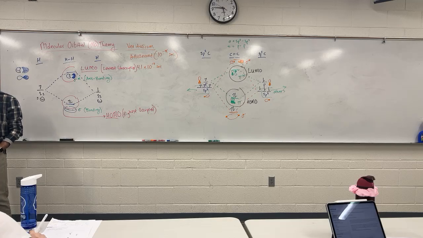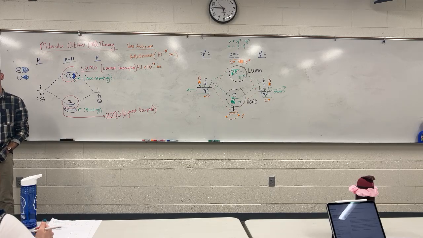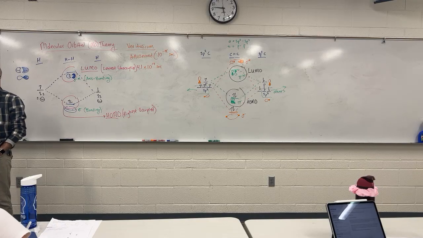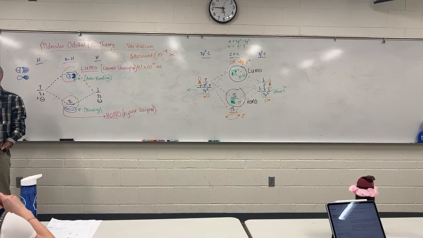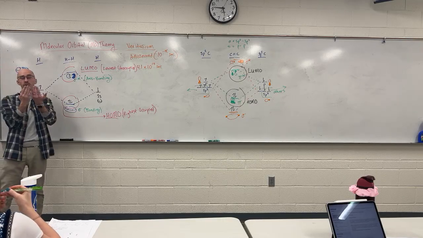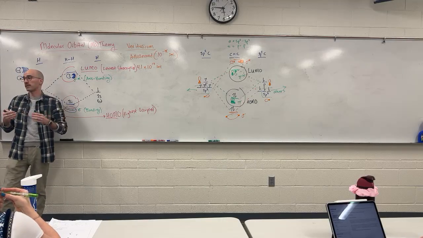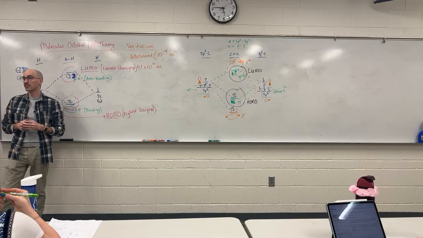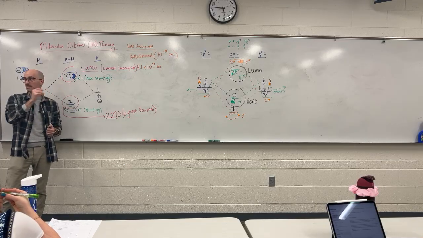Valence bond theory cannot tell you why the pi bond breaks and why the sigma bond does not. Valence bond theory gives you the shape, the overlap, the character, and valence bond theory might be able to say, oh, well, the p orbitals don't overlap as much, so it must be easier to break. But that's just vibes. This is math.